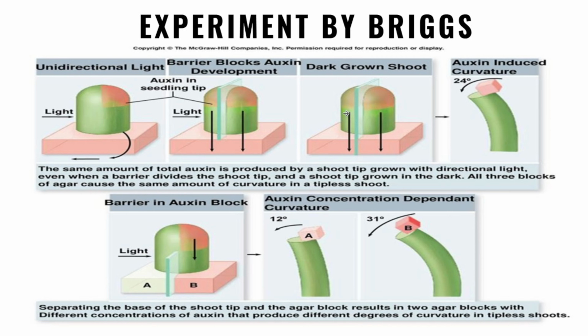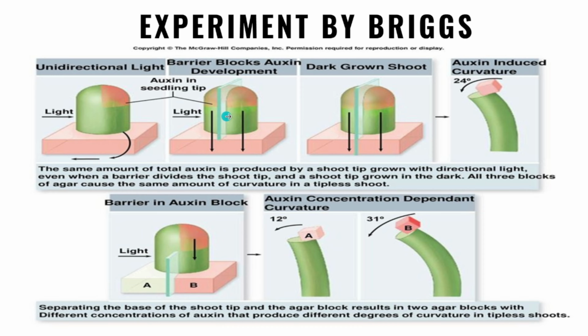Okay, then another experiment by Boysen-Jensen. They also used a similar experiment like this, but with different parameters. For this one, the unidirectional light comes from the left hand side, but the auxin is at the right hand side.